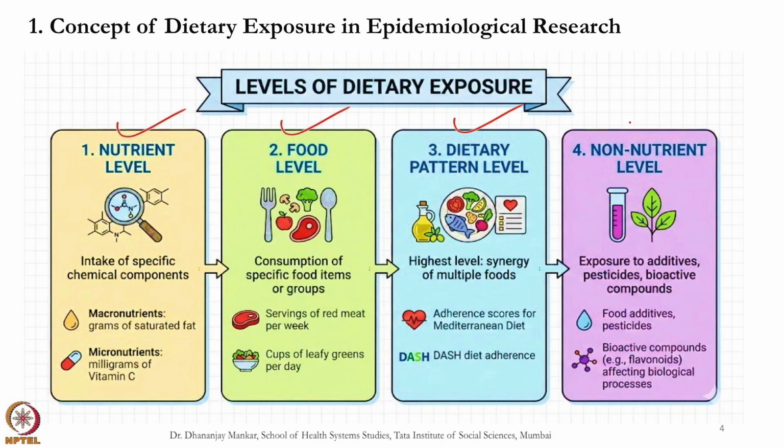Then the non-nutrient level, that is, exposure to additives, pesticides, and bioactive compounds such as flavonoids, affecting biological processes. So we have identified the different levels of dietary exposure, from the nutrient level to the food level, the dietary pattern level, and the non-nutrient level.